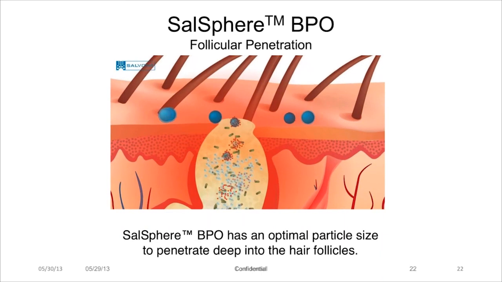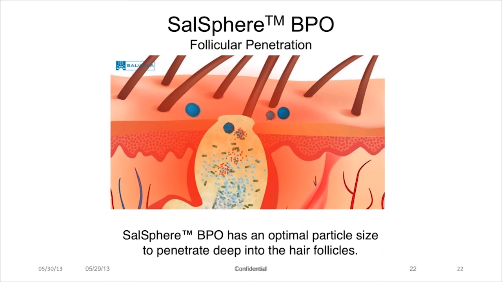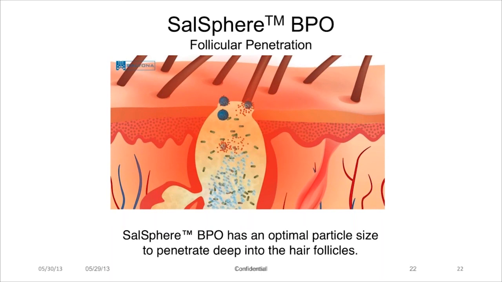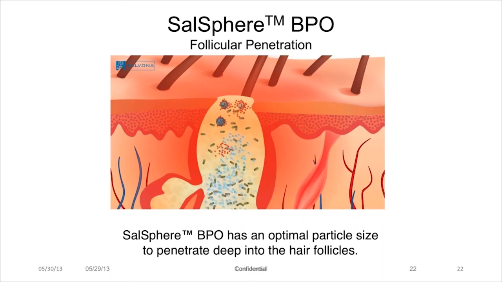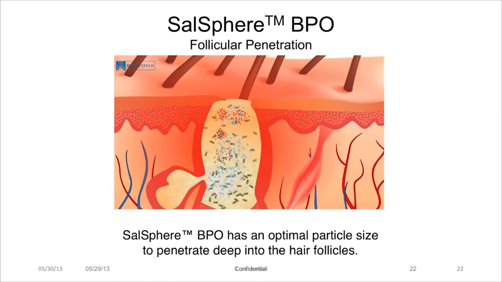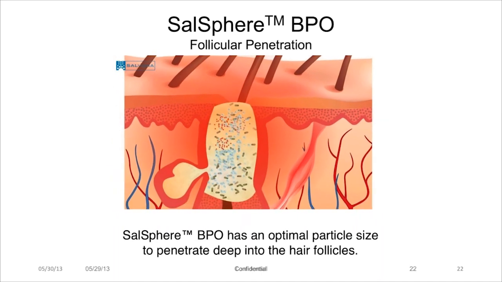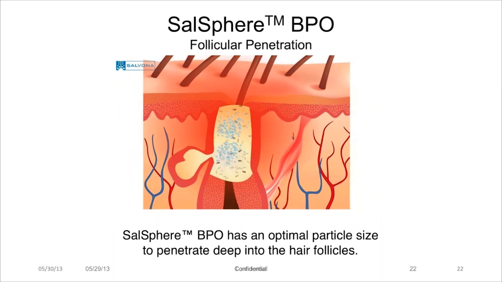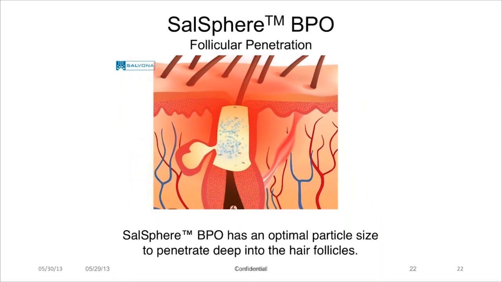The accumulation is targeting the BPO into the area where the BPO is needed the most. And because it can penetrate deeper, it can kill the deep bacteria, especially in those that have severe acne and have deepened their bacterial infection.